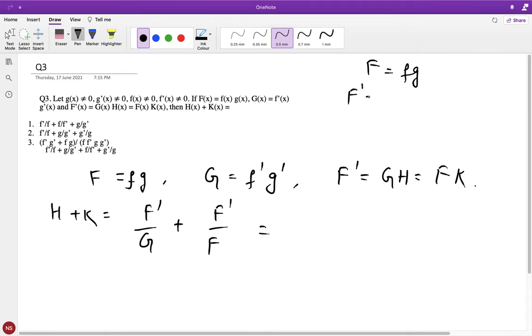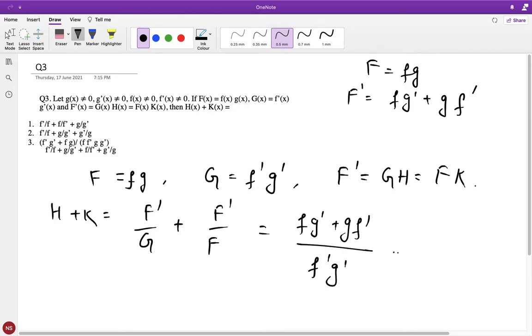so capital F dash is f into g dash plus g into f dash. Very easy. f g dash plus g f dash. G is given as f dash g dash. F dash, again I will use the same relation, g f dash, and f is also given as fg.